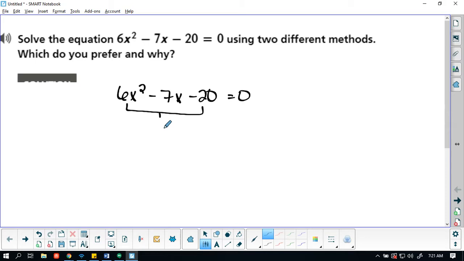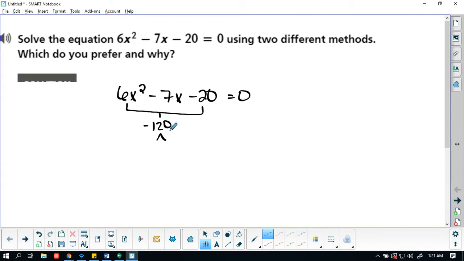So let's do 6 times negative 20, which is going to be negative 120. Let me find two values that multiply to give me negative 120 and add to give me negative 7.